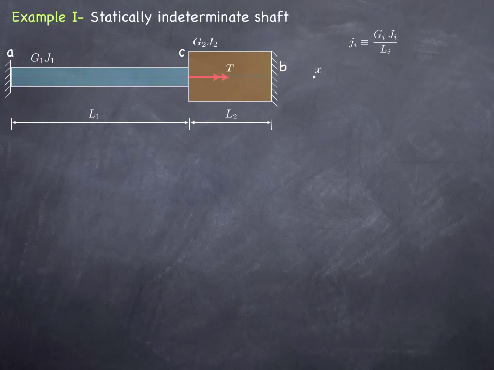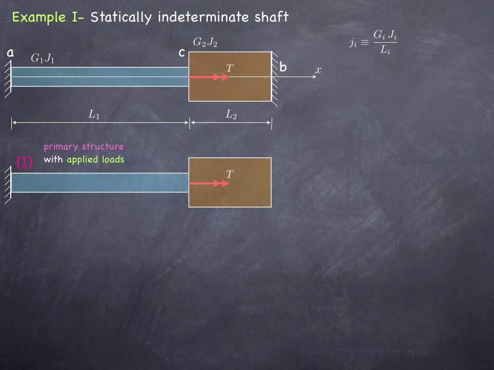To apply Castigliano's theorem, we need to release an adequate number of degrees of freedom to obtain a statically determinate version of the structure. So let us release the reaction on the right-hand side. In this version of the structure, which I will again label as the primary structure, I will apply the external loads.